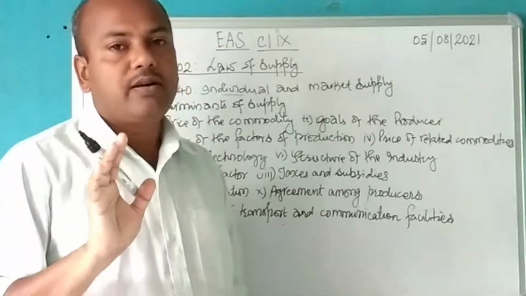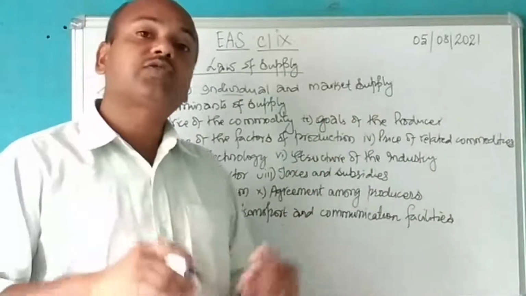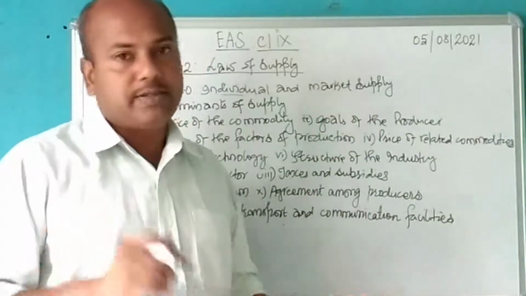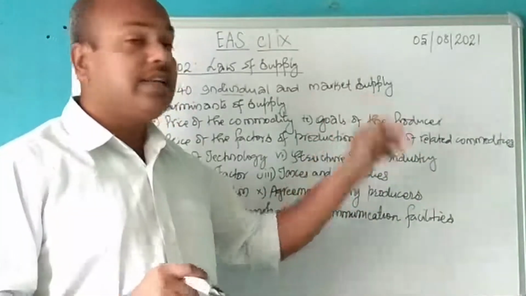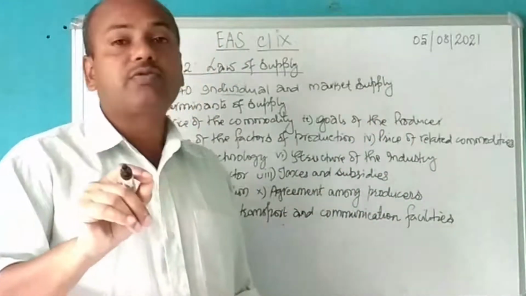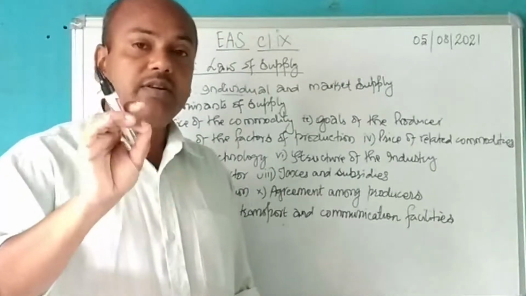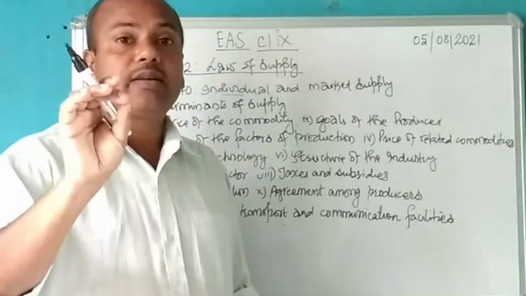Similarly, market supply is the sum total of all the individual supplies, or the supply by all the producers of a commodity at a given point of time and price.